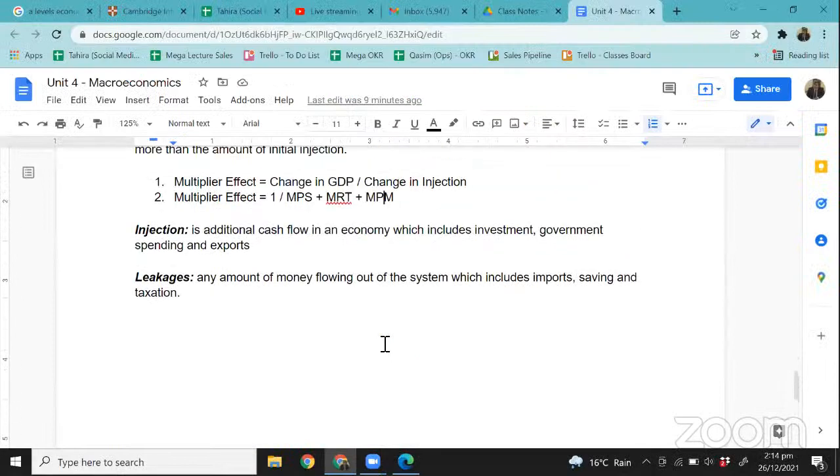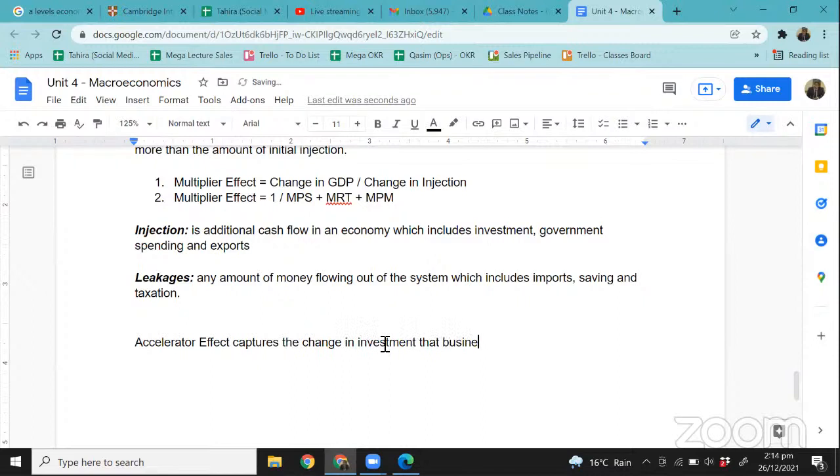The accelerator effect captures the rise in investment, because we know there is always a direct relationship, that businesses do following a rise in the GDP. Now let's talk about this.